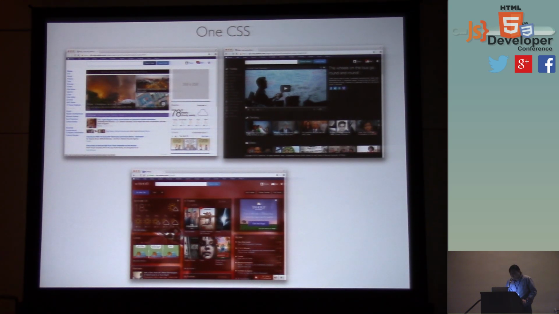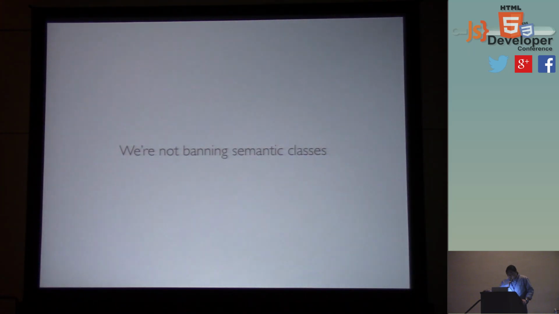One important thing to talk about here is that we're actually not banning semantic class names at all. So you might think, oh, then I don't have the button class name anymore, it's all about being granular as much as I can. Not really. We make granular classes whenever it makes sense, and whenever it makes sense to have semantic classes as well.